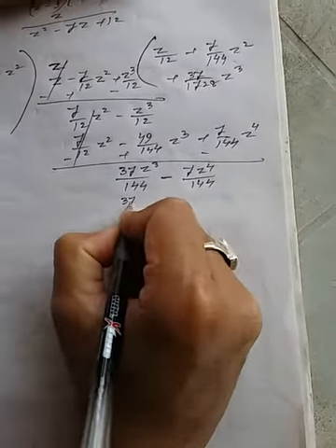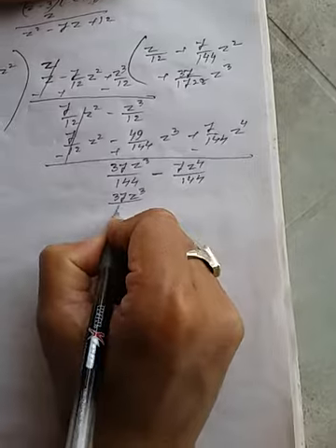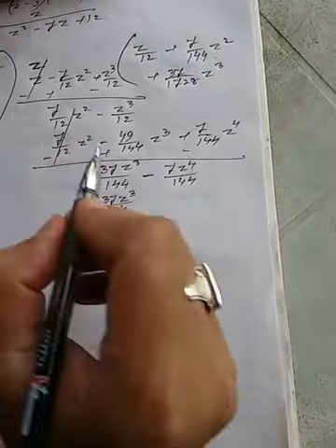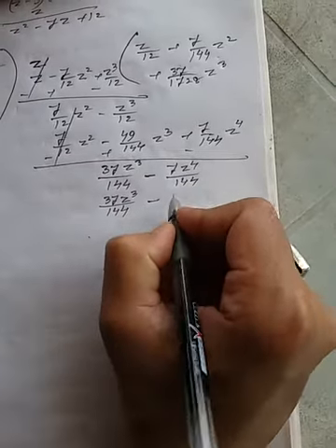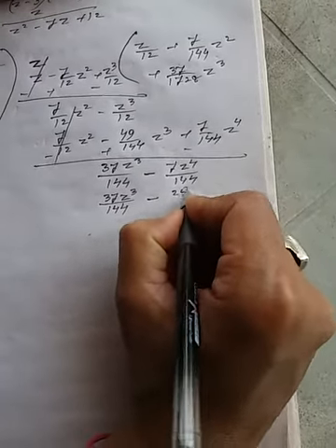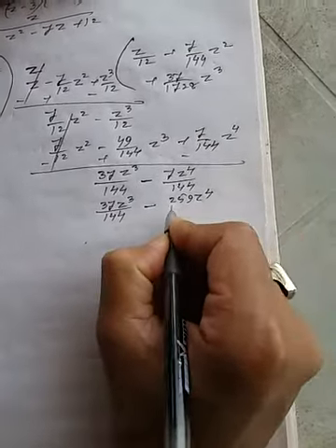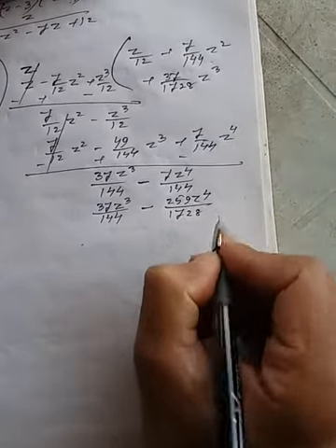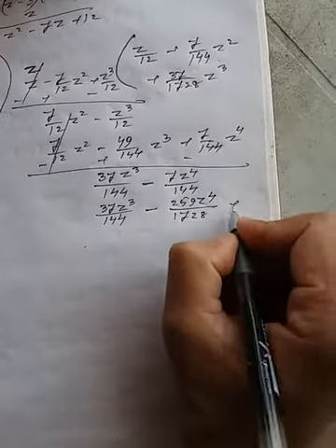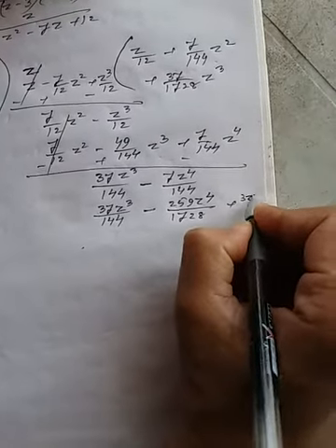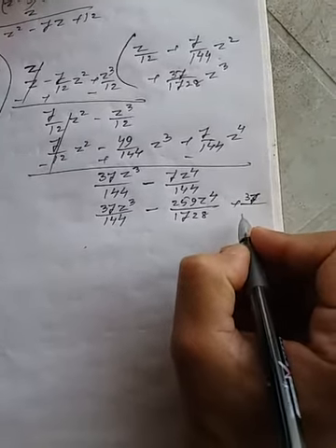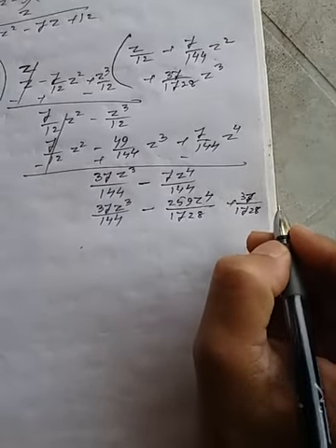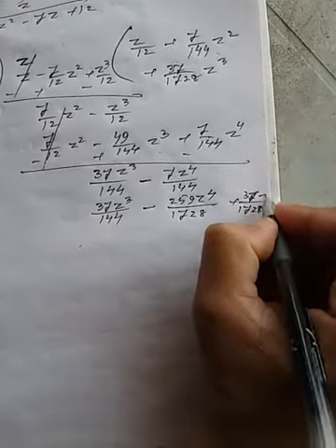So 37 z cube by 144, multiply this, so it will become minus 259 z to the power 4 by 1728, and this portion will be 37 by 1728 z to the power 5, right?